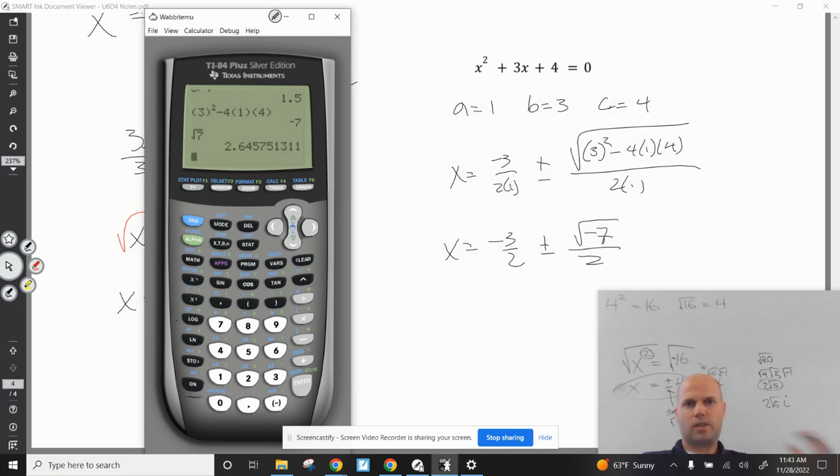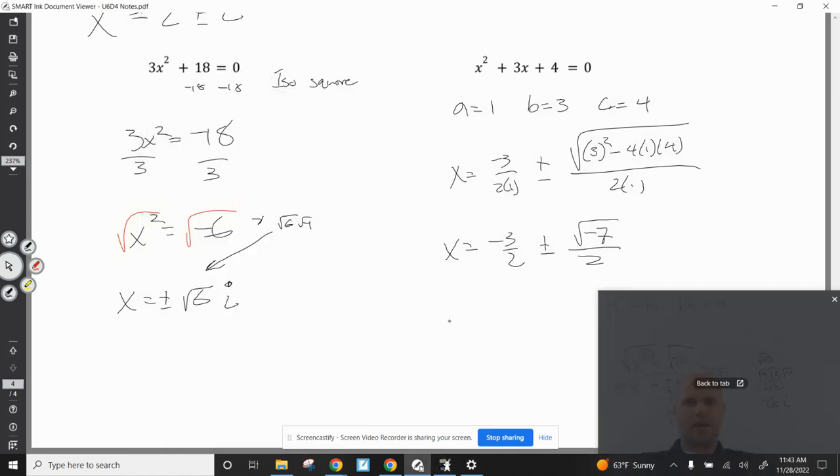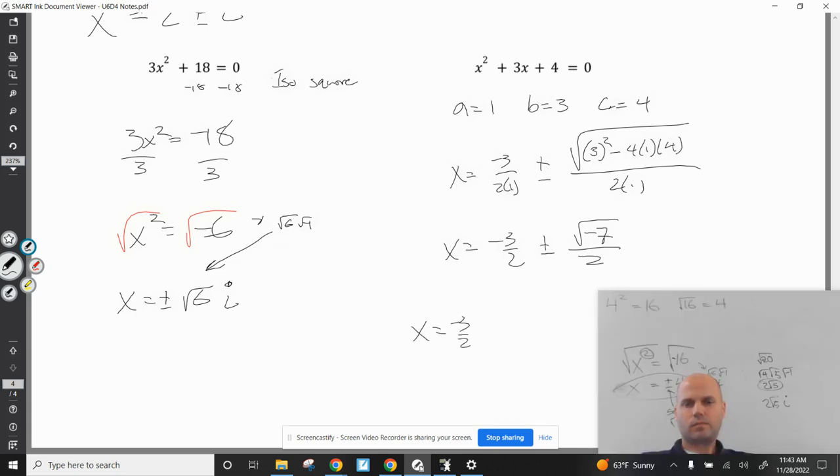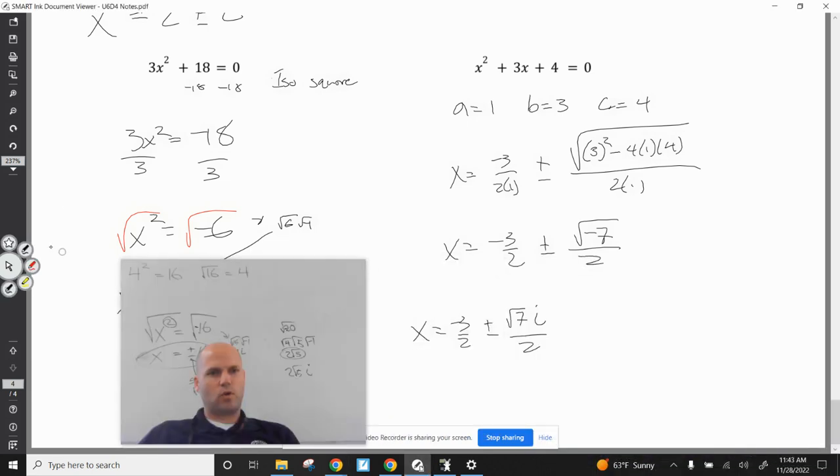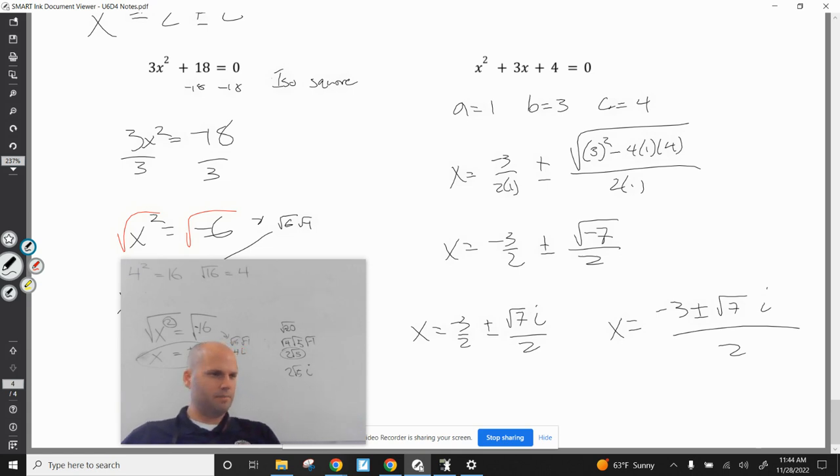Square root of 7 can't be done. I can't divide 7 by any nice number. So I'm going to keep this, as ugly as it may look, as root 7 i over 2. You could also have it in the other quadratic formula form, like that, with the 2 on the bottom.